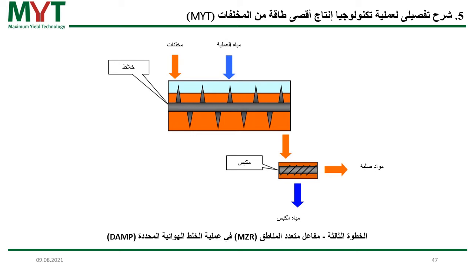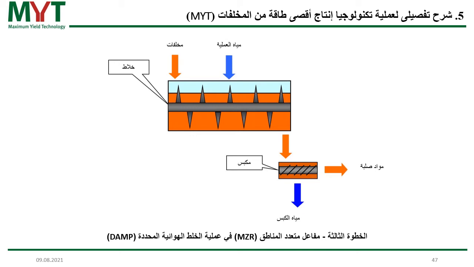Now I show you step number 3, how this step is working. It's a multi-zone reactor in the defined aerobic mixing process. What you have here is a horizontal half bowl of concrete with a horizontal agitator, the mixer.